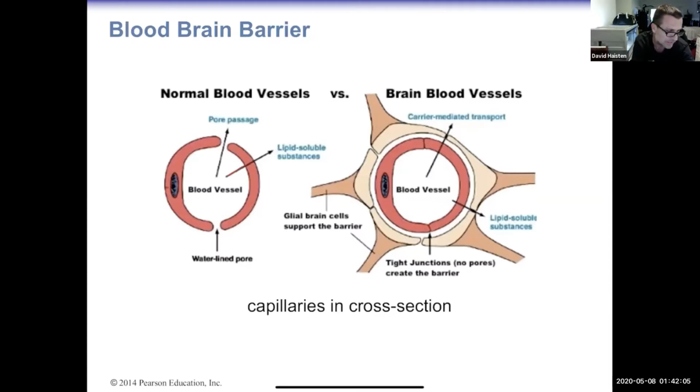Additionally, here you see astrocytes wrapped around the capillary. So glial brain cells support the barrier. The only way things are getting out of your capillaries is carrier-mediated transport, transcytosis. However, lipid-soluble, fat-soluble, small nonpolar molecules can diffuse like a ghost through a wall. So that's your blood-brain barrier. Questions on this?